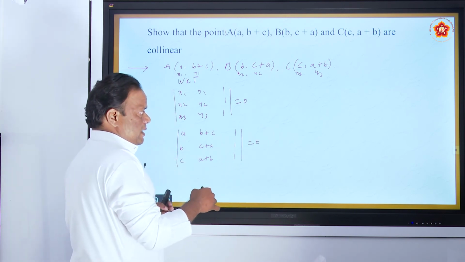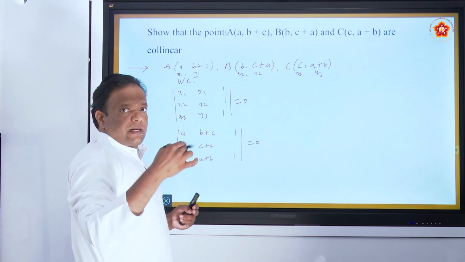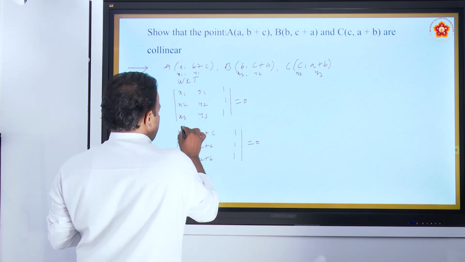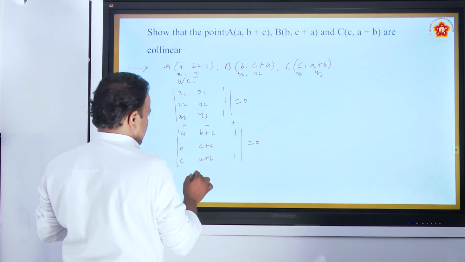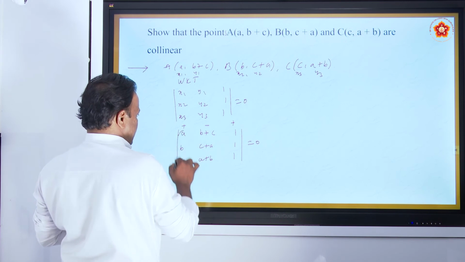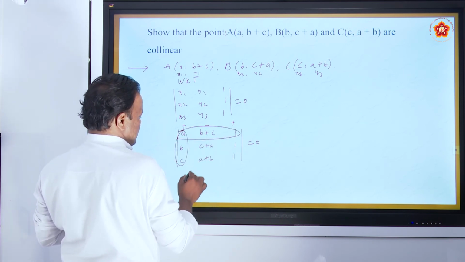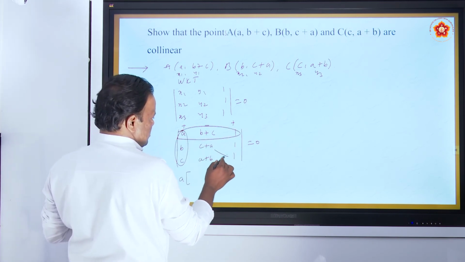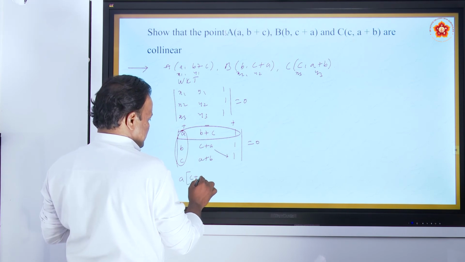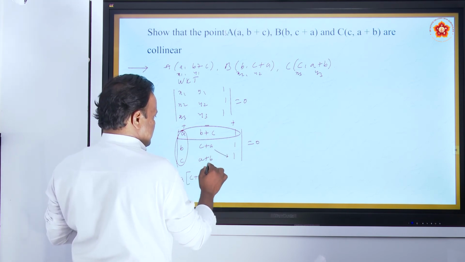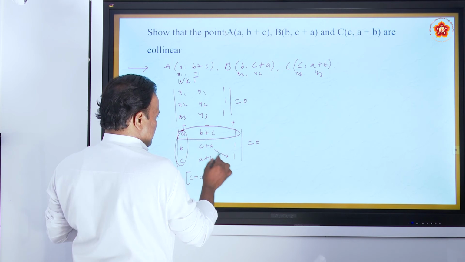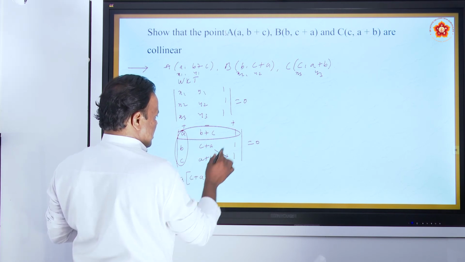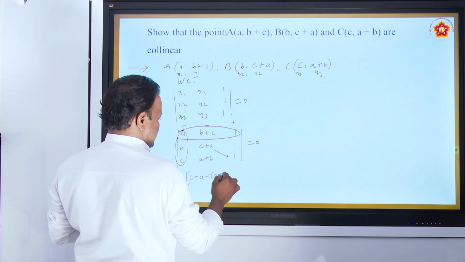First I solve by using the expansion method, later I use the properties. Taking plus minus plus here. A into A, eliminating the containing row and column, what is remaining here? A into these two multiplied: C plus A minus 1 into 1 is C into C plus A, minus 1 into A plus B, correct?